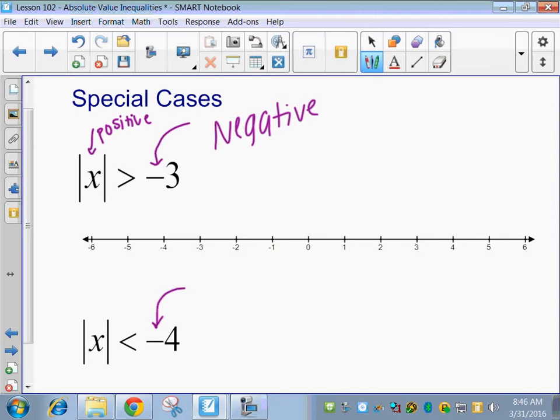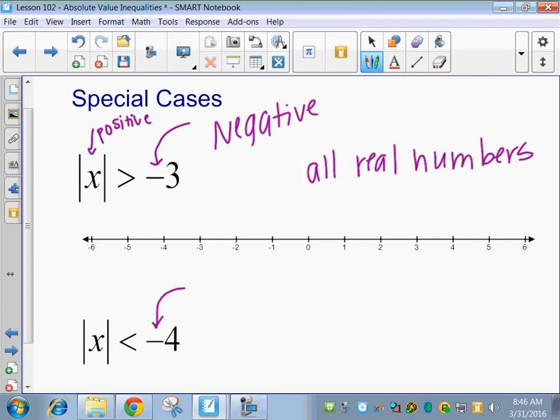It goes positive 100, right? So even if I plug negative 100 in, I get positive 100 because of the absolute value bars. So what does that mean if I plug in any number and it works every time? It means all real numbers work. Okay? Everything works.